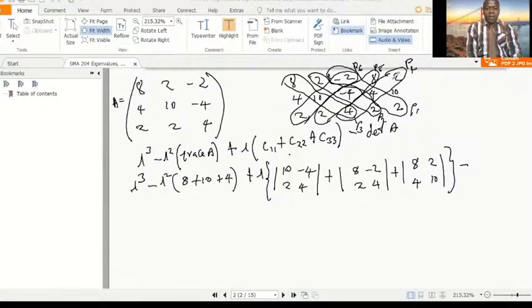So the factors of 360 are plus or minus 1, plus or minus 2, plus or minus 3, plus or minus 4, plus or minus 5, plus or minus 6, plus or minus 8, plus or minus 9, plus or minus 10, and so on.